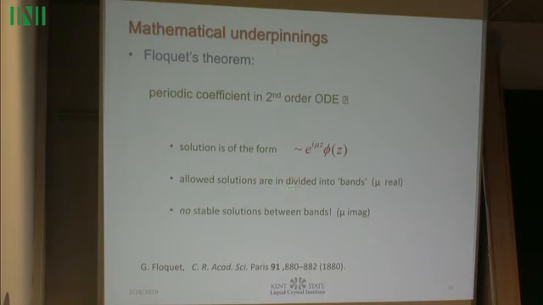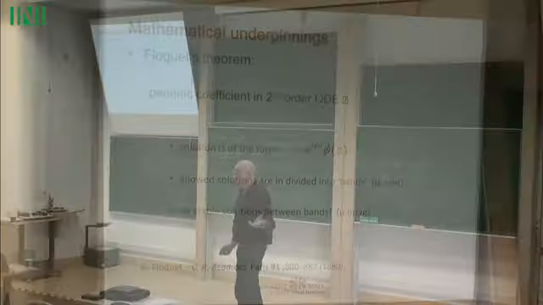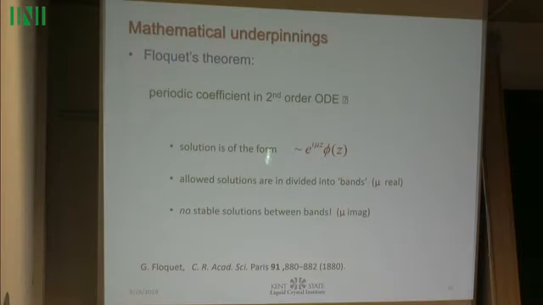Then the allowed solutions are divided into bands where mu is real, and you have nice stable solutions, and bands where you don't have stable solutions. And it turns out that this has really important implications in electronics and optics both.